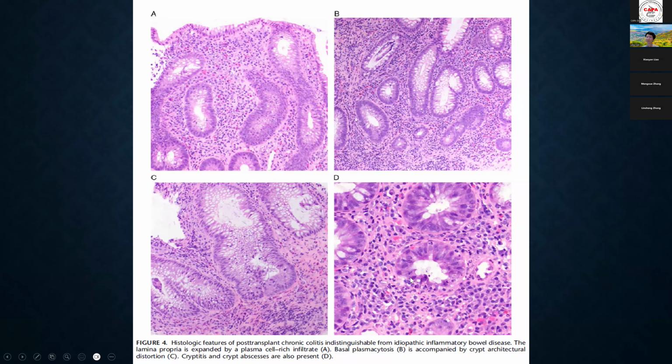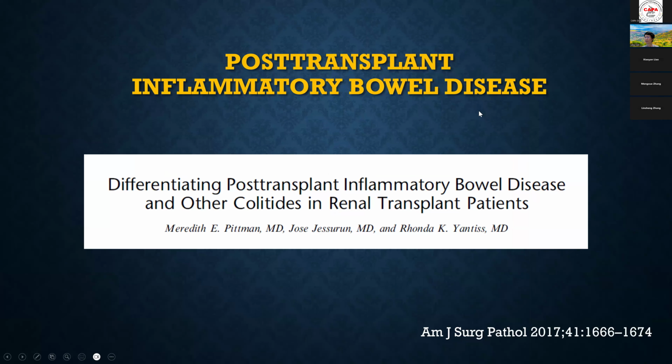It's called post-transplant inflammatory bowel disease, as opposed to regular IBD, which is idiopathic inflammatory bowel disease. And this one we know is post-transplant, and most likely is due to the immunosuppressant and immune dysregulation. So this is not what we talk about as IBD, it's a post-transplant IBD.